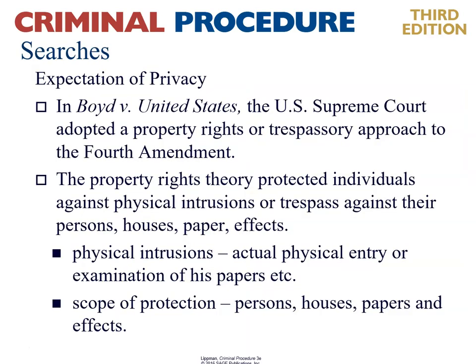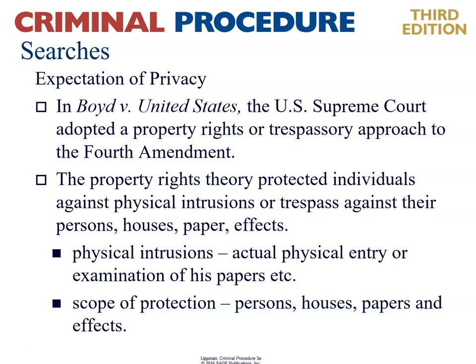So what about our expectation of privacy, though, as we start to focus in on searches first? Well, in a crucial case, Boyd versus United States, the U.S. Supreme Court adopted what they call a property rights or trespassory approach to the Fourth Amendment.